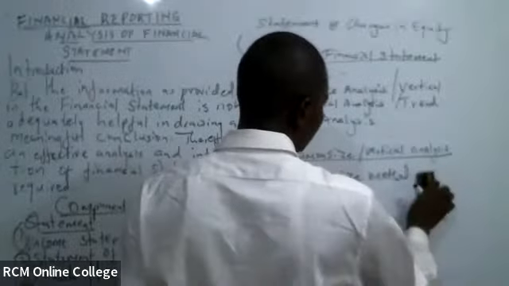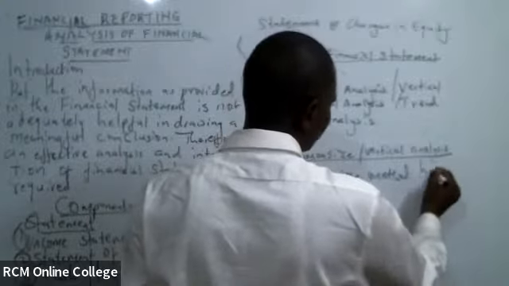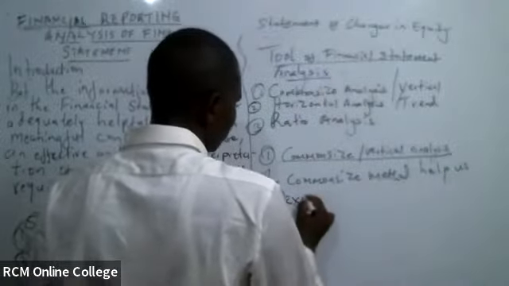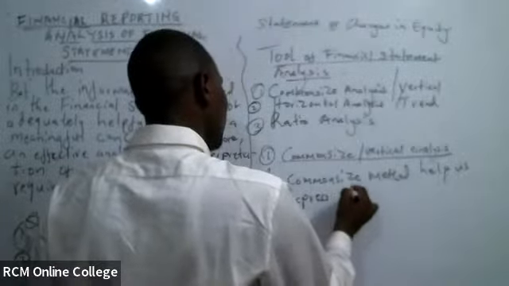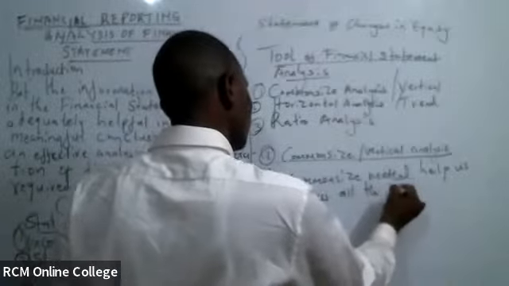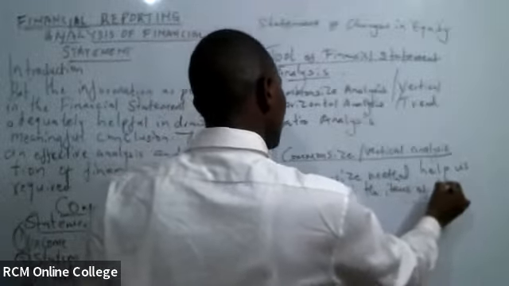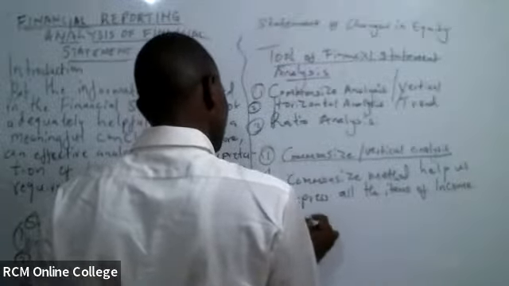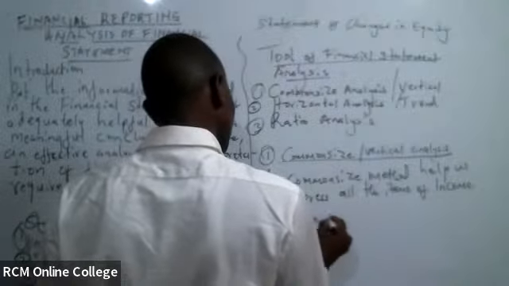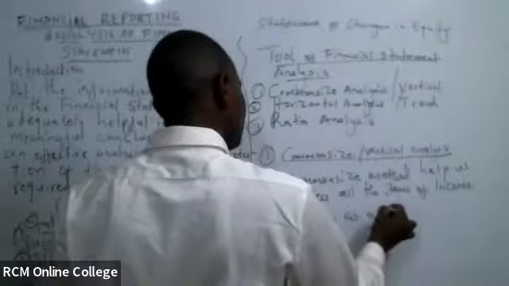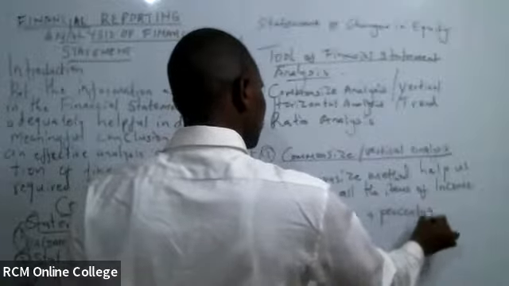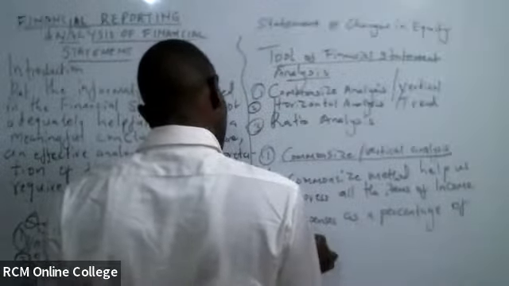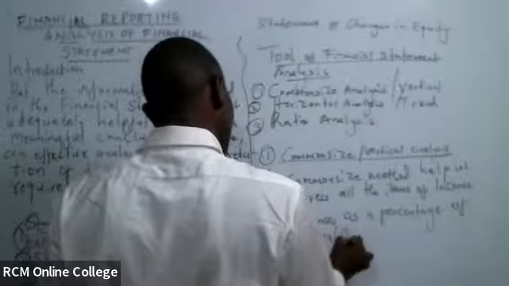The common size method helps us to express all the items of income and expenses as a percentage of total sales or revenue.